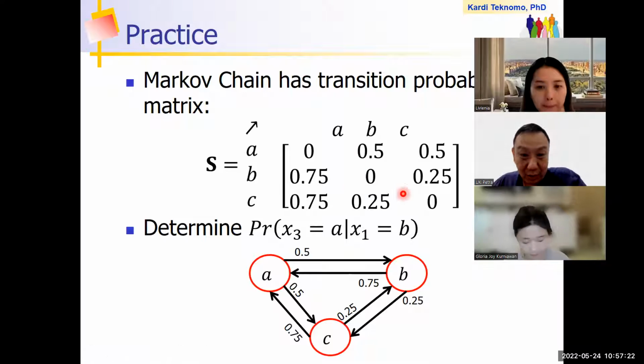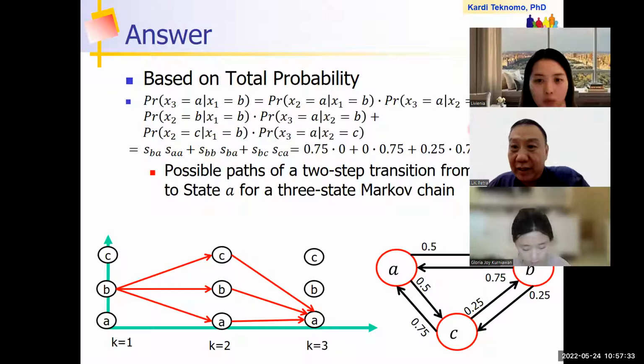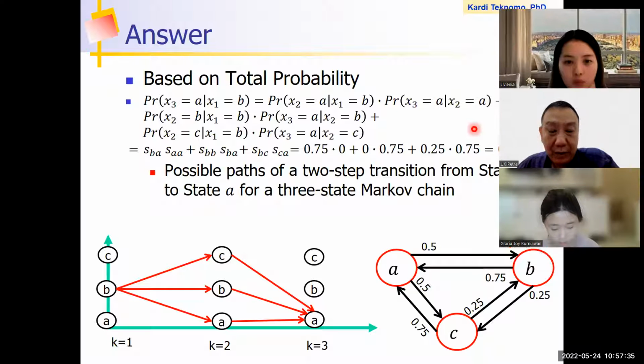So I just throw this stochastic matrix into the finite state diagram. To get that, you need to use what is called total probability. Look, today you are in B. Tomorrow you don't know.